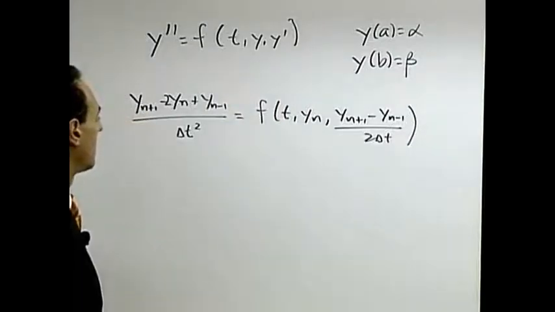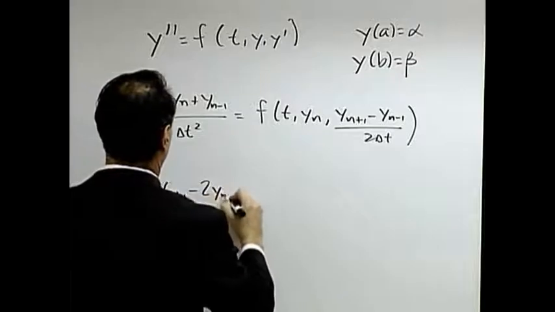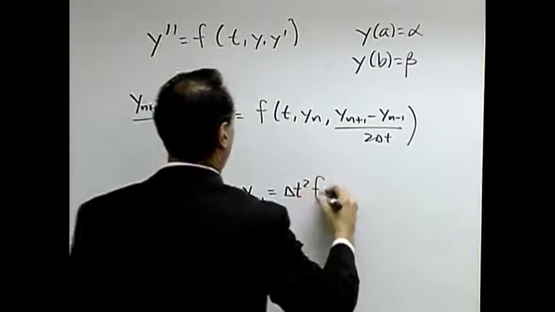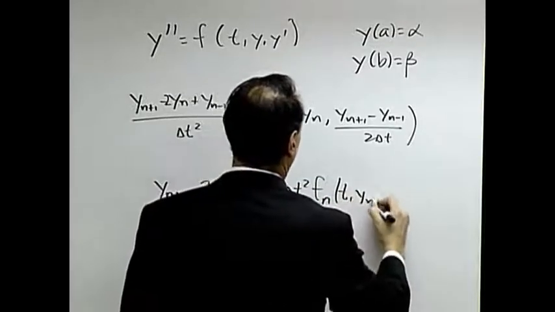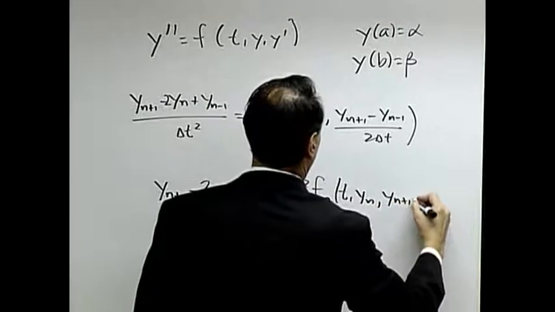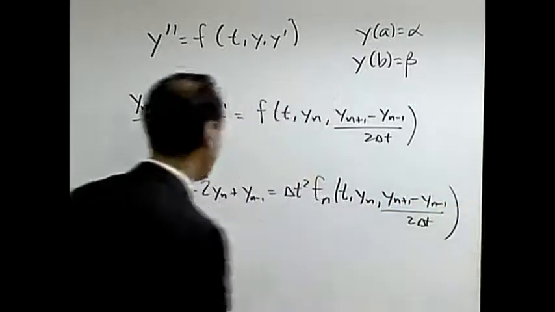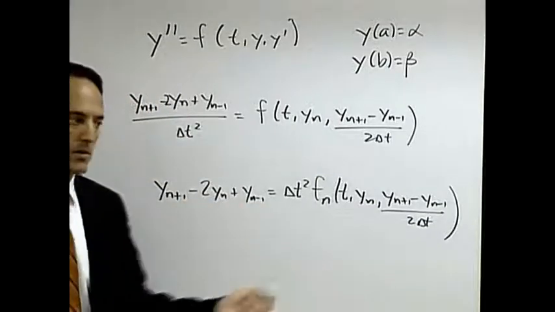And if I multiply by delta t squared, let's call this f of n, because that's where I'm evaluating it. And so what I'm going to get is a big, nonlinear system of equations.